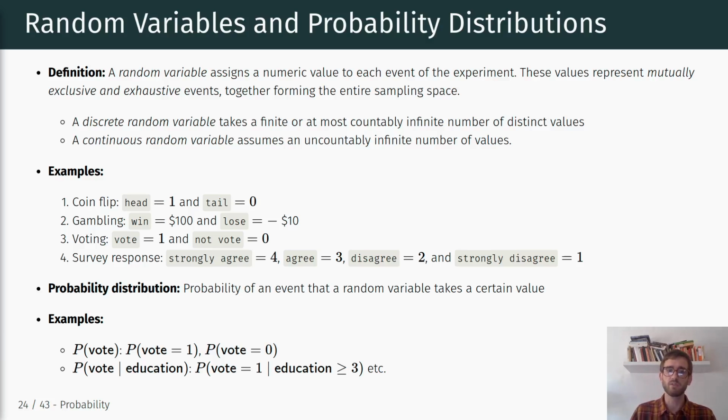We could also think about conditional probabilities in this context: the probability to vote conditional on education being, for example, larger than 3 or something like that, right? So those are examples of probability distributions that describe the probability of an event that a random variable takes a set of values. Okay.